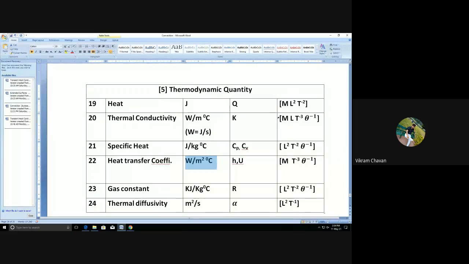So whatever dimensions you are getting for thermal conductivity, just divide them once again by L. L will be cancelled from this term, and you will get the dimensions as M T raised to minus 3 theta raised to minus 1.